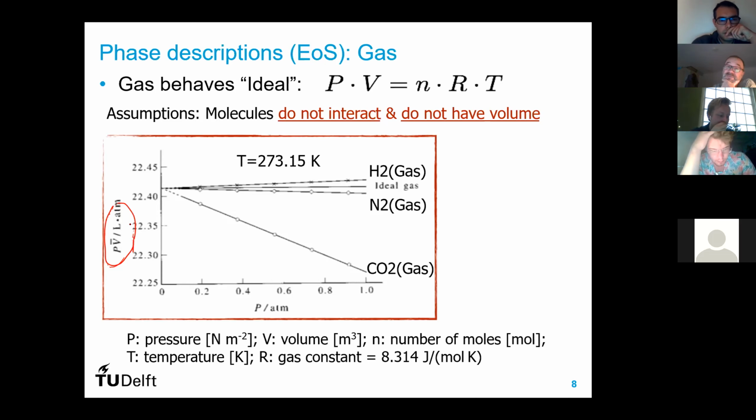And this is the main difference between real gases and ideal gases: there is interaction between the molecules, and by increasing the pressure, molecules may interact more, and that affects the volume. In the ideal gas, it's independent.